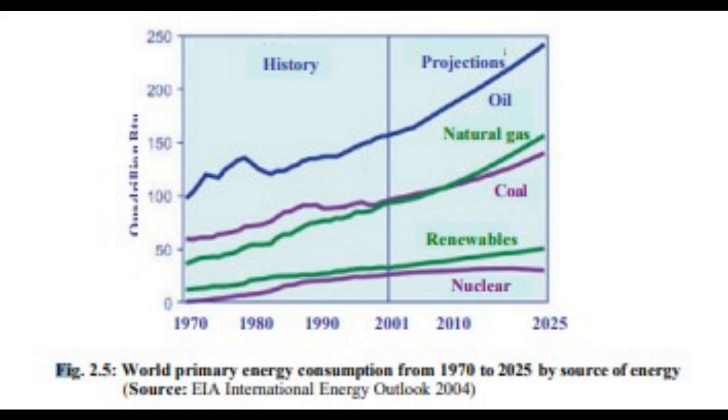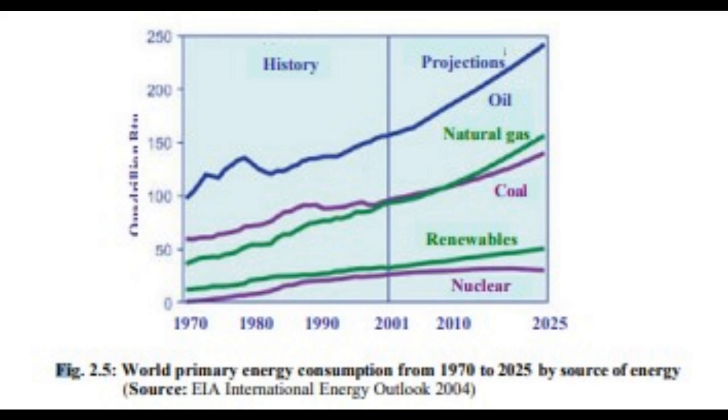Fig. 2.4b. Thus, the developing nations are largely expected to account for the increase in world energy consumption. In particular, energy demand in the developing economies of Asia, which include China and India, is projected to more than double over the next quarter century. This is because faster than average growth is expected for the developing nations.